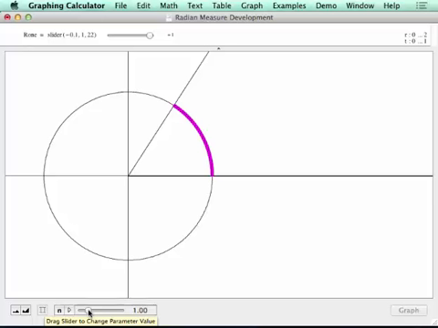The measure of this angle, measured by 1 radius length, is 1, because the arc length is 1 radius length.